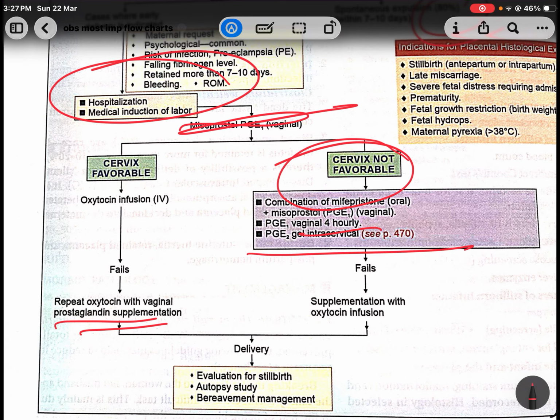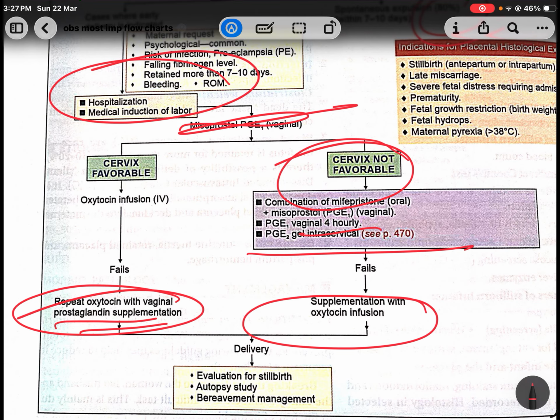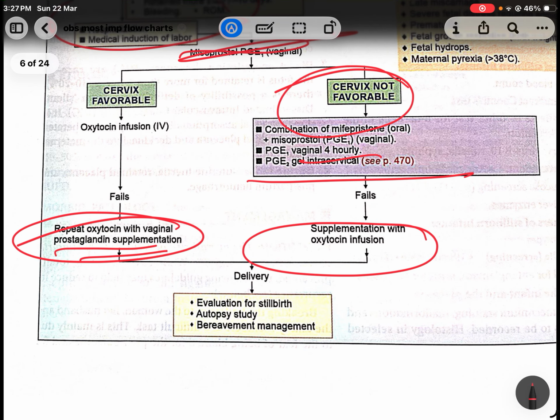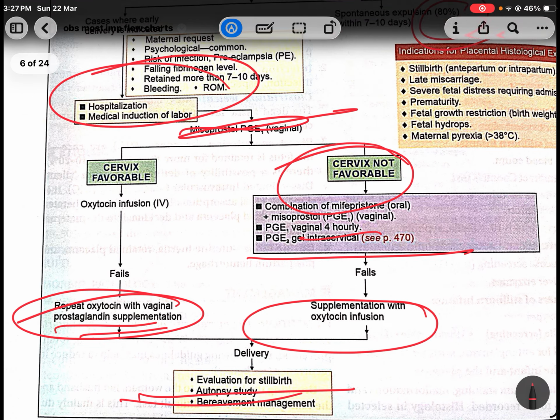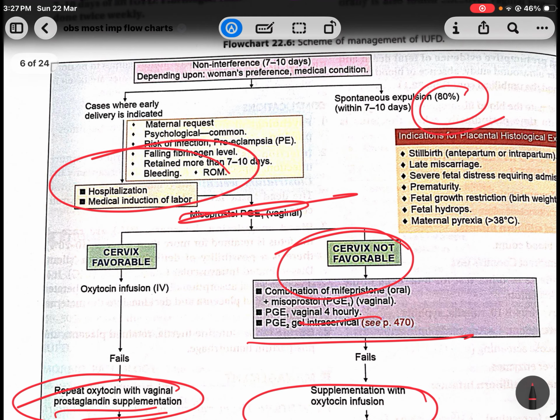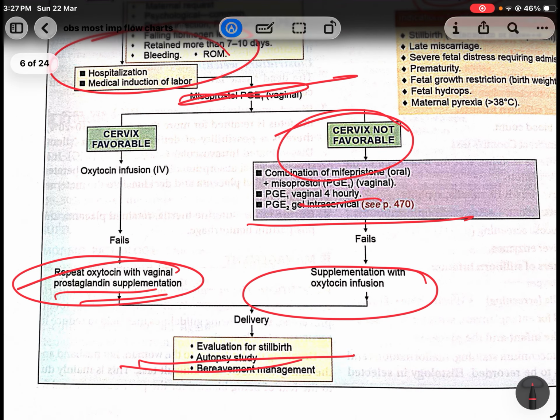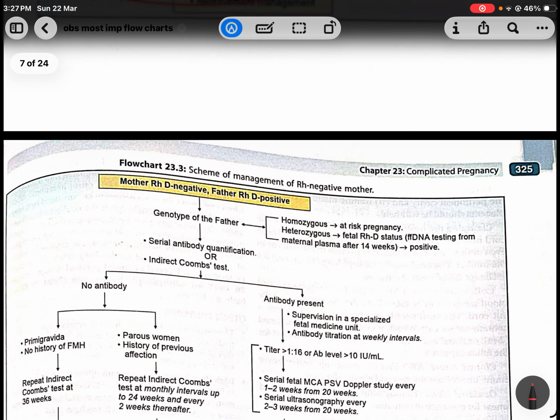Then if it's failing, obviously you have to supplement this with oxytocin at the end. Correct. Obviously you will deliver the baby, and also you have to do an autopsy study to know the cause of IUFD. Though this is not important, I just wanted to make sure that you know that.